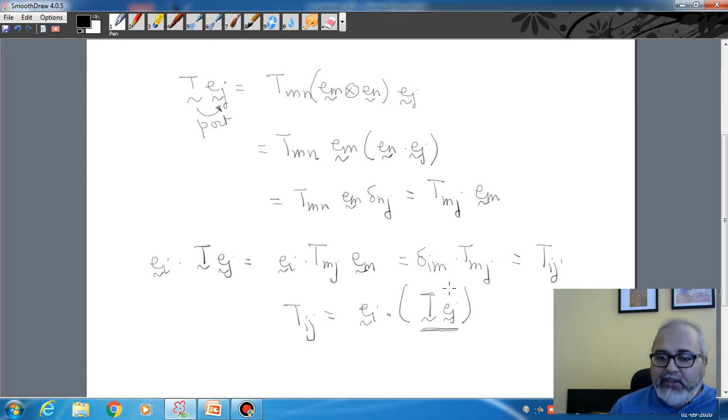That is evident from the context. Whenever I have a second order tensor multiplying a vector, I'll never put a dot. But when I have vectors multiplying vectors, same kind of quantities multiplying same kind of quantities, I will have to use some kind of a symbol because otherwise it gets confusing.